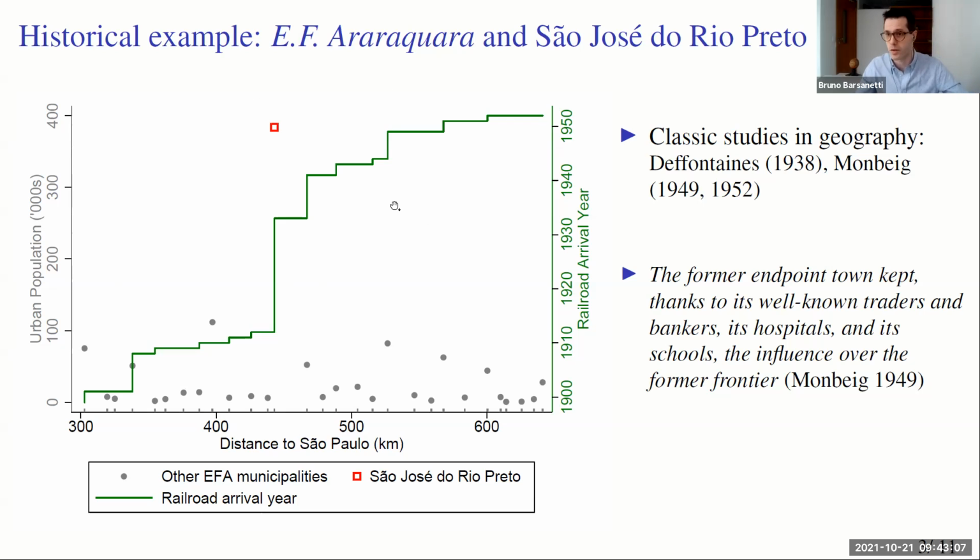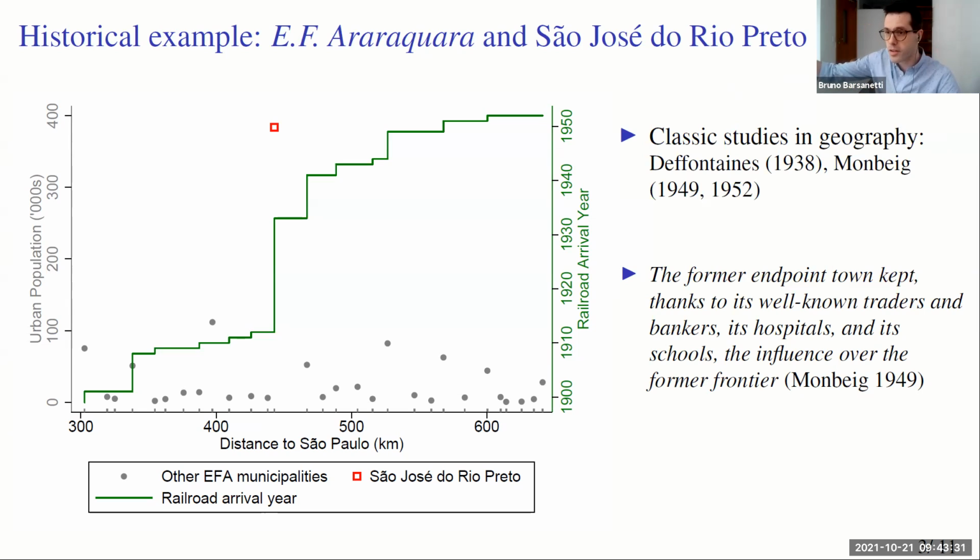And so if we look at what some geographers at the time that were documenting this expansion were saying, they were pointing out that, yes, being a railroad endpoint was something that would benefit city growth, and those cities would start getting new business and becoming more economically vibrant.